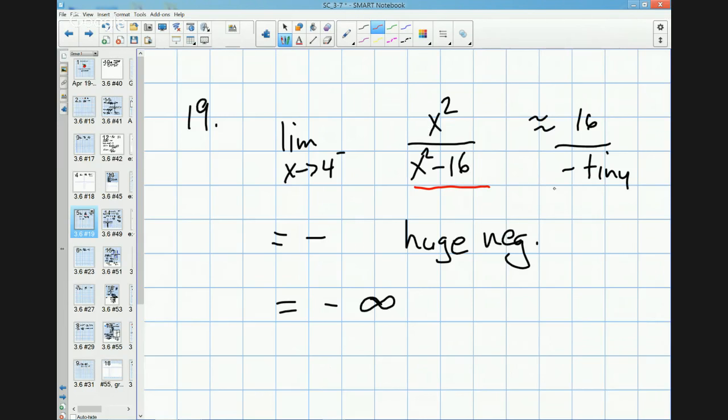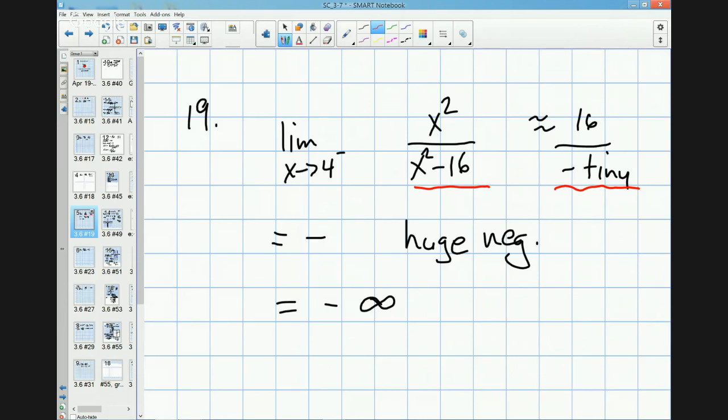I know this looks like bad math here, but it's a good way to think of limits. It's a real tiny negative number, and on the top, it'll be something really close to 16. And what happens when you divide 16 by a real tiny negative number? Well, a positive by a negative is a negative, and when you divide by a really small number, you get a really huge number.